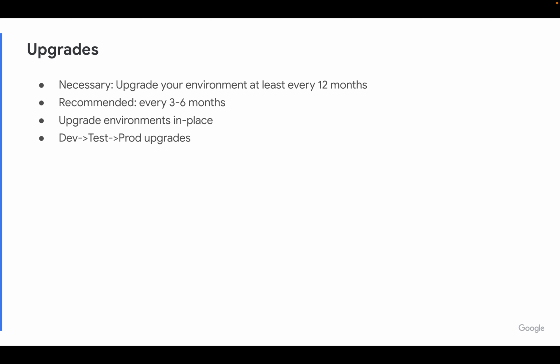Every version of a Cloud Composer environment is fully supported for 12 months from its launch, and then has some crucial fixes and updates performed in the next 6 months, so until 18 months, for example, for security updates and so on. To get full support, again, you need to upgrade not less frequently than every 12 months, but we highly recommend that you keep this cadence to every 3 to 6 months.